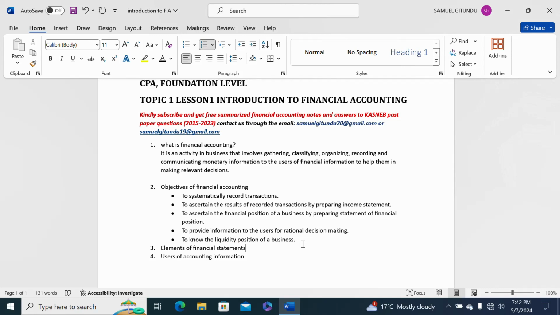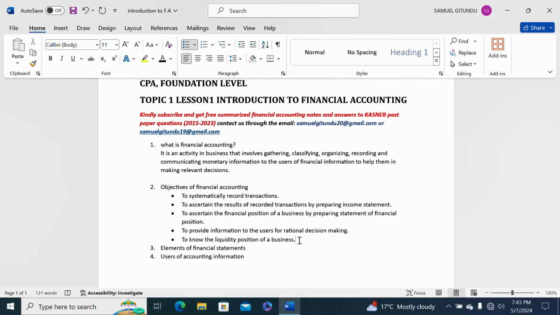When we are talking about the liquidity position, we are talking about whether the business is able to meet its current obligations. The liquidity position is usually measured by comparing the current assets with the current liabilities.